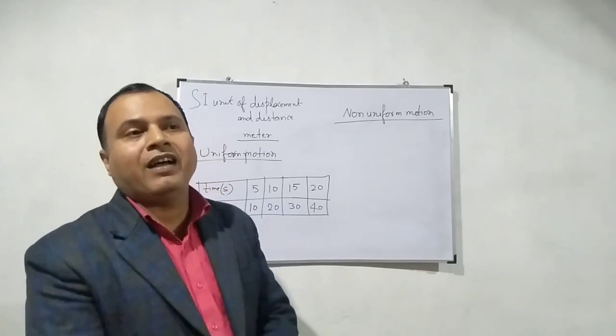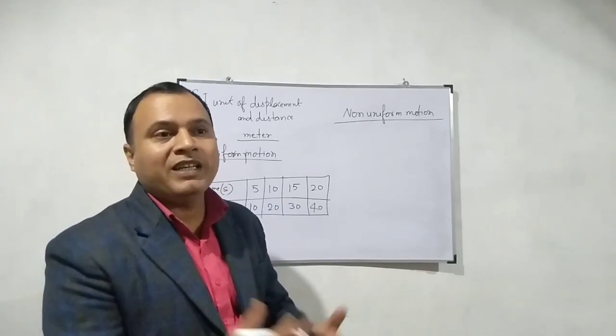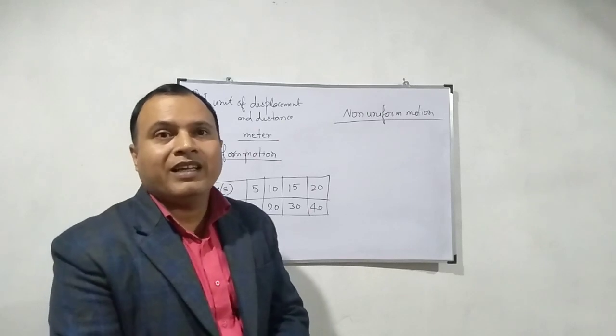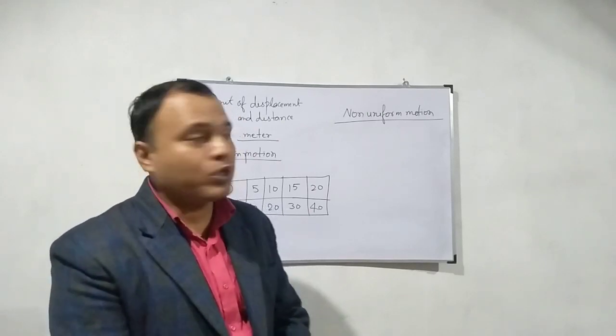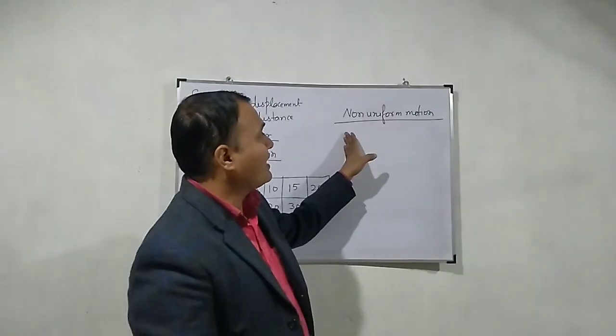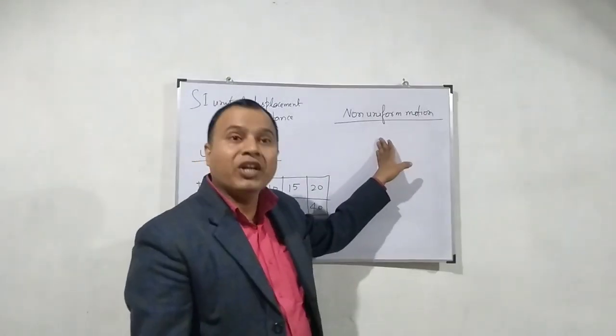Sometimes its speed is very high, and sometimes its speed is very low, sometimes average. So in that case, our motion is non-uniform.